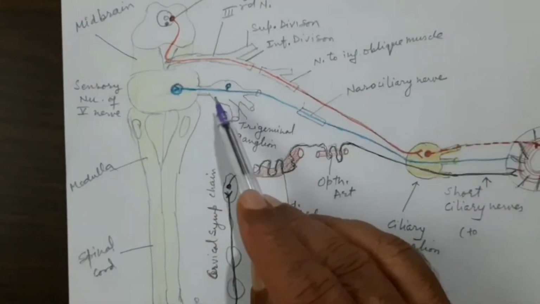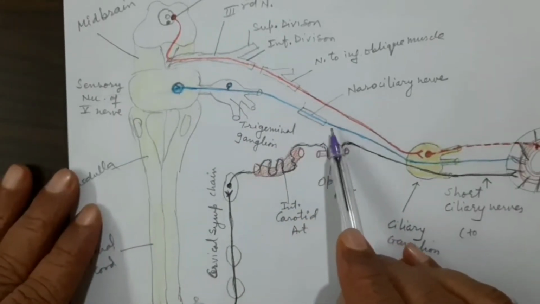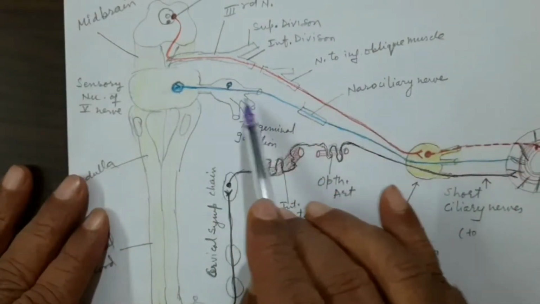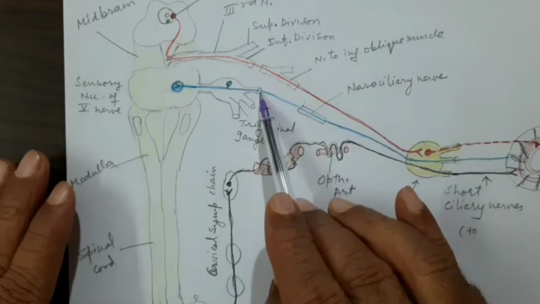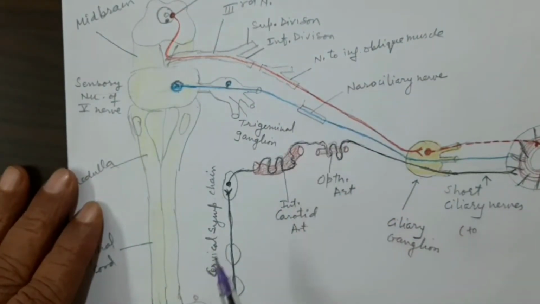So this is the second type of the sensory neurons. These are sensory neurons which are carrying the sensation from the eyeball through the trigeminal nerve, that is the ophthalmic nerve, whose branch is the nasociliary nerve.